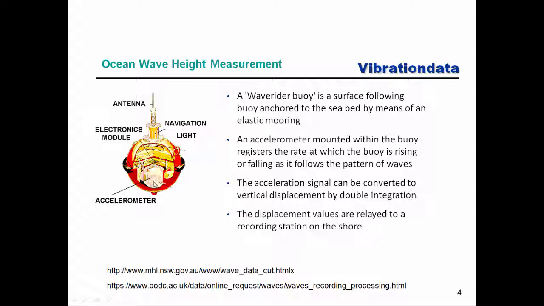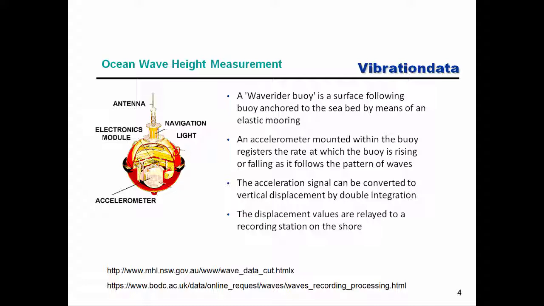So these are very typical devices, and their sensor is an accelerometer, which is measuring acceleration in response to the patterns of the waves. So this wave rider buoy, I should say, is rising and falling. Now that acceleration signal can be converted to vertical displacement by double integration. And that can be done either in the time domain or the frequency domain.